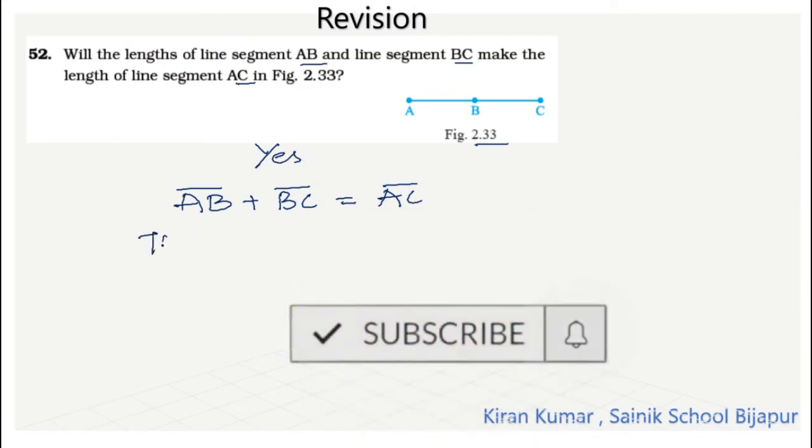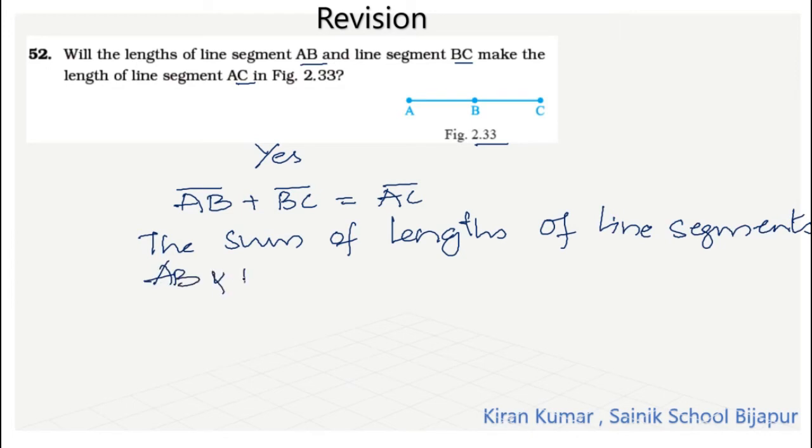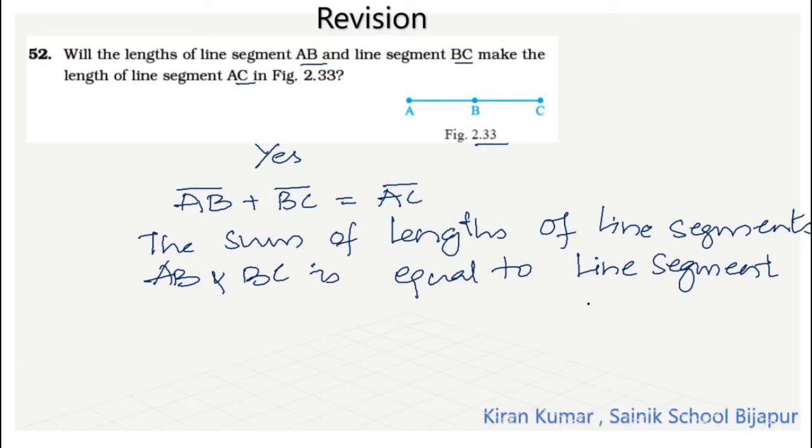The sum of the lengths of line segment AB and BC is equal to line segment AC.